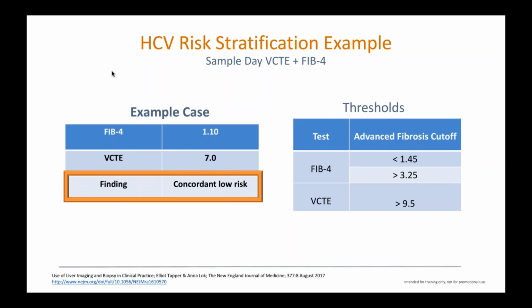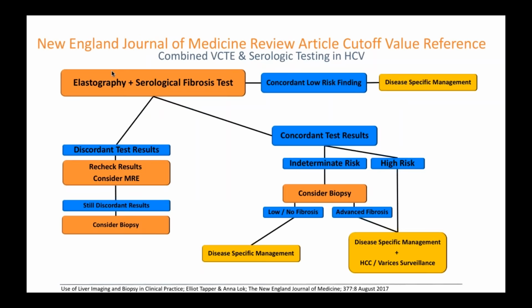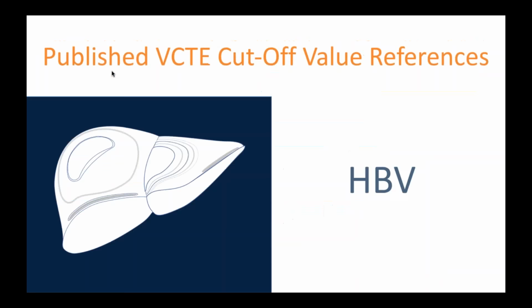So in this case, what I'm showing you is synergistically using the two tests and finding concordant low risk values. This type of approach can be applied to a diagnostic algorithm that is suggested by Tapper and Locke, merely working through this decision tree based on concordance, discordance, or indeterminate results.